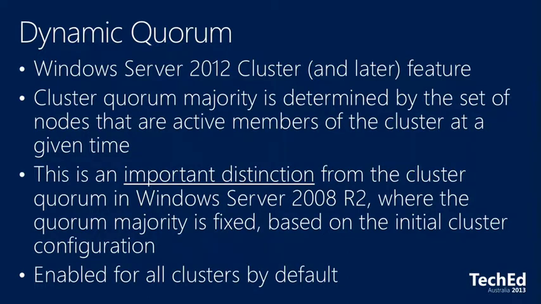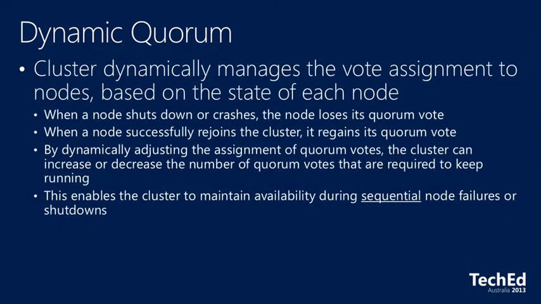And this is enabled for all clusters by default. It's on all Windows Server 2012 clusters, which means if you've deployed on Windows Server 2012, it's on right now, operating in your DAG. This means that the cluster is dynamically managing the votes based on the individual node's state. As I mentioned, if the node goes down, its vote is gracefully taken away. When it comes back up and successfully rejoins the cluster, its vote is given back to it.